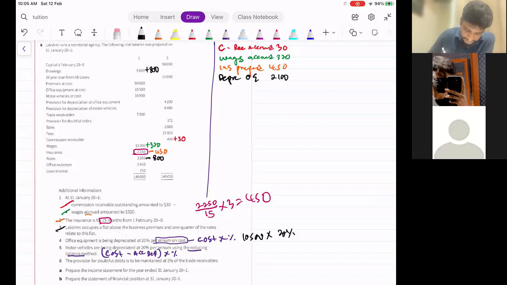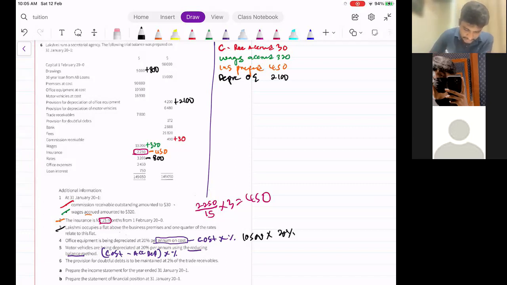And then provision for depreciation equipment plus 2,100. Is my calculation correct? You get 2,100. But you write 2012. Okay, correct.